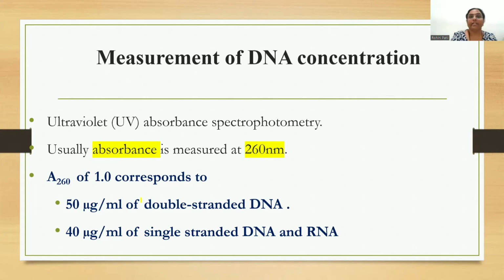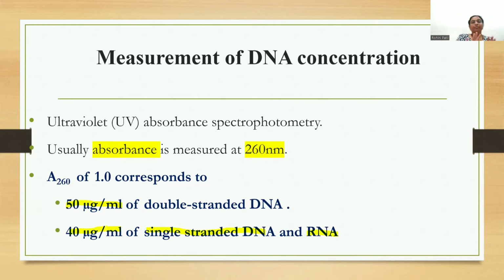When we get 1 OD at 260 nanometer, the concentration of double stranded DNA is 50 microgram per ml, single stranded DNA is 40 microgram per ml, and RNA is 40 microgram per ml.